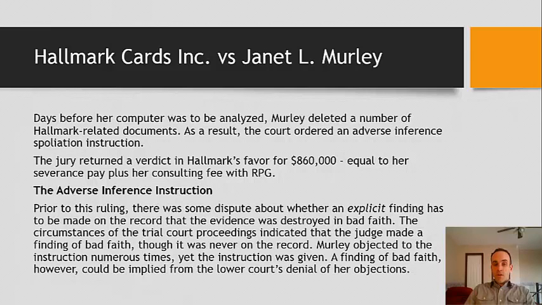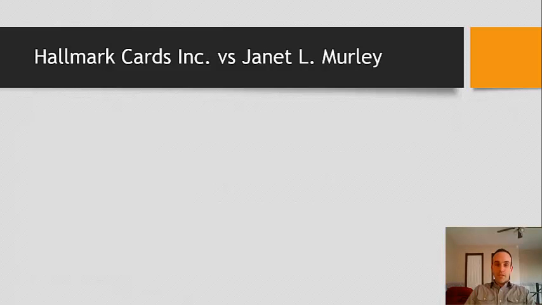Basically, the circumstances of the trial court proceedings indicated that the judge made a finding of bad faith, meaning basically that Murley intentionally destroyed these files that she had on her computer from Hallmark that were going to be key evidence in said case. Murley objected to this several times, yet it was never overturned, and therefore they determined that it was done in bad faith, and that she had destroyed the files in her own defense.